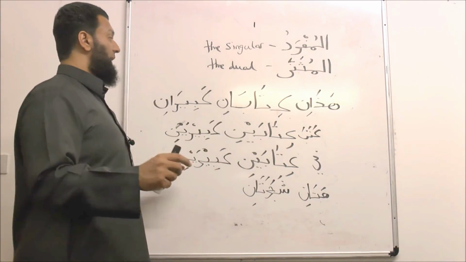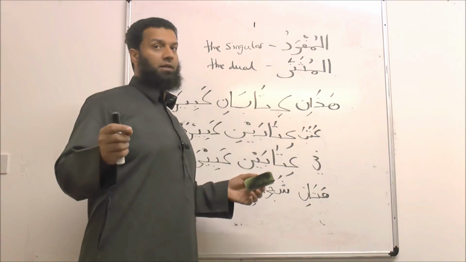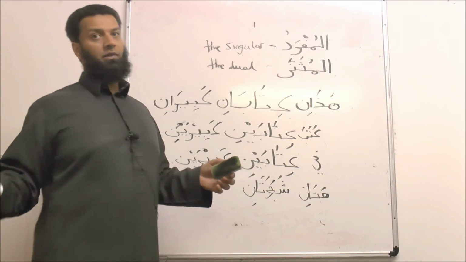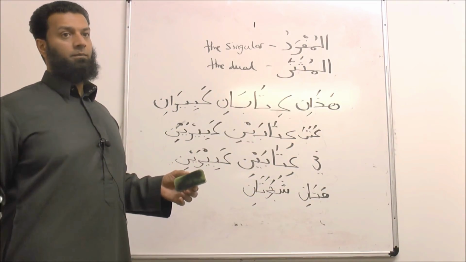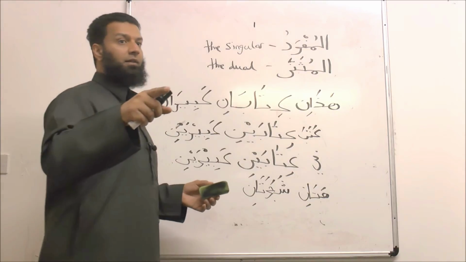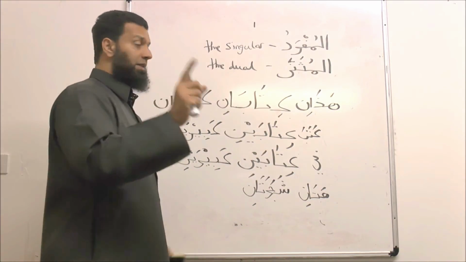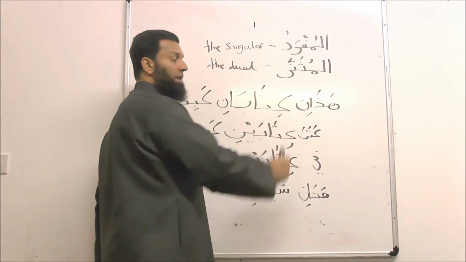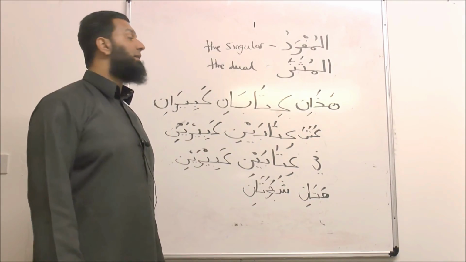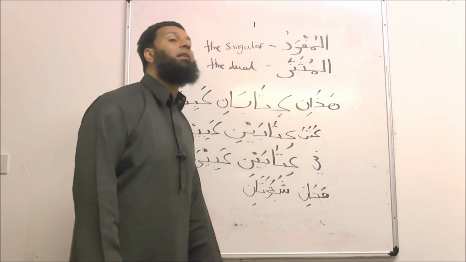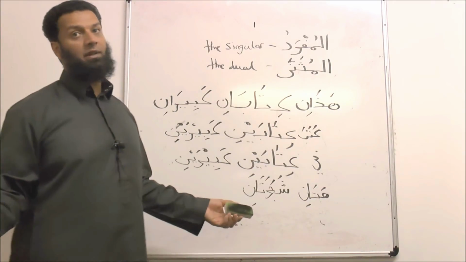If we want to say these two books are large, then how do we say it? Remember, there's an important but subtle difference. It's the al before it. Then it's hadhanil kitabani kabirani.